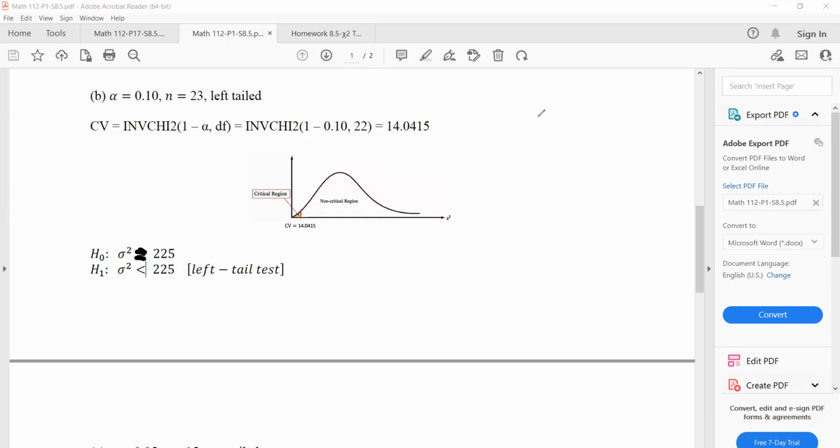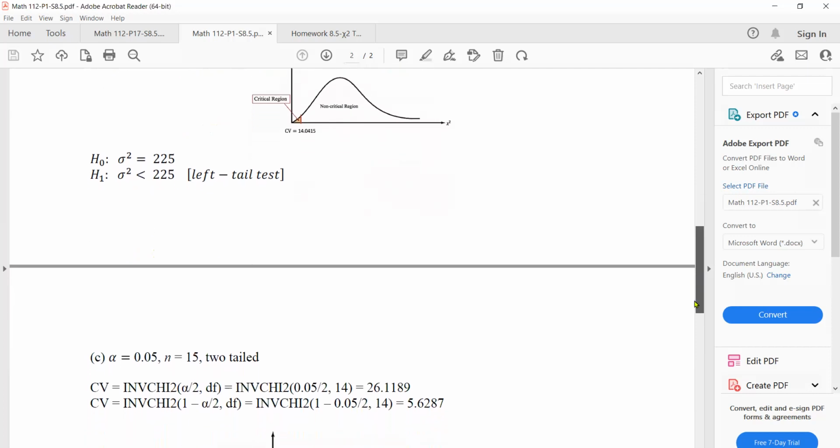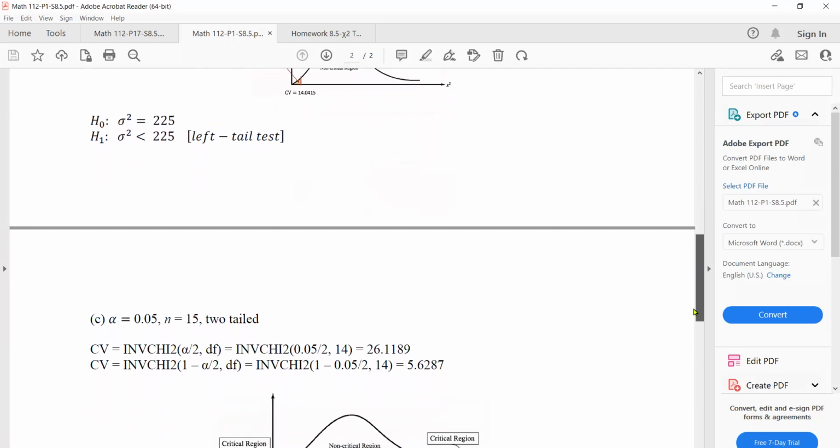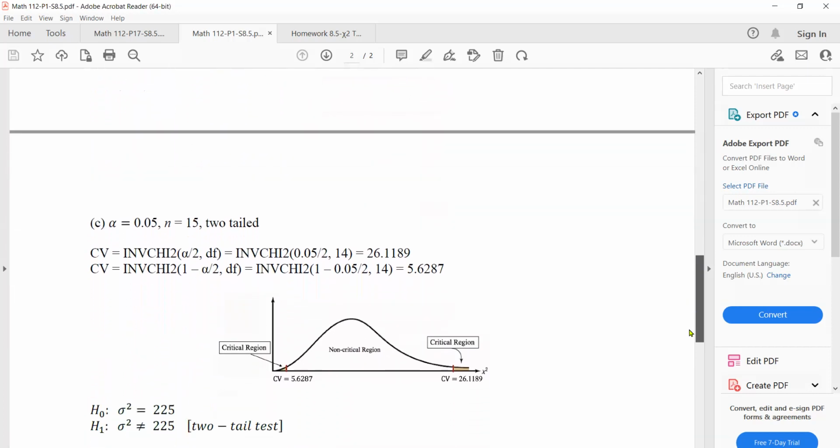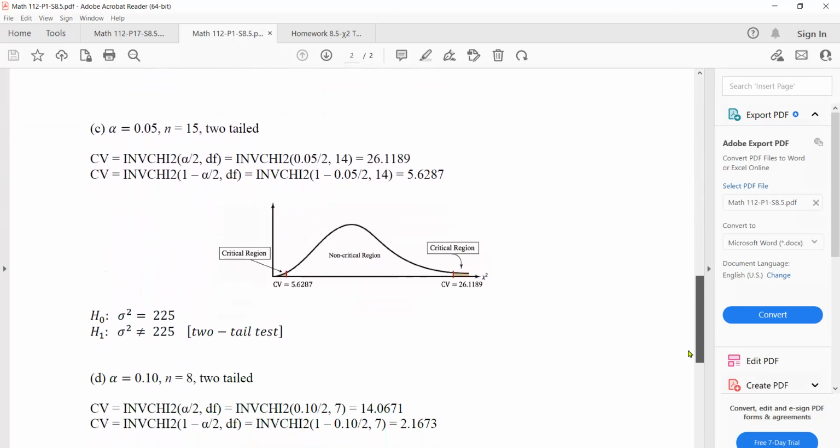So then let me come down here and use the mouse. For C, we have equal to versus not equal to, and it's a two-tailed test.